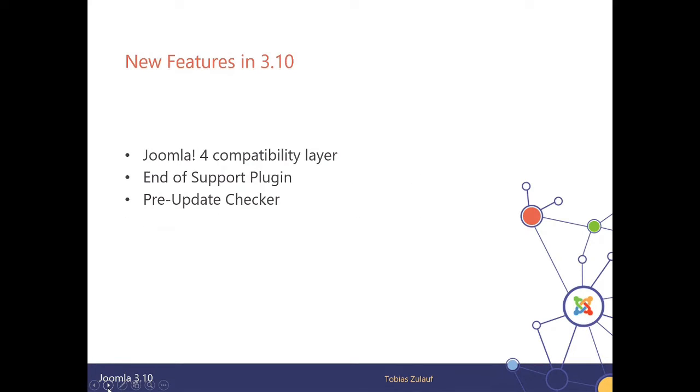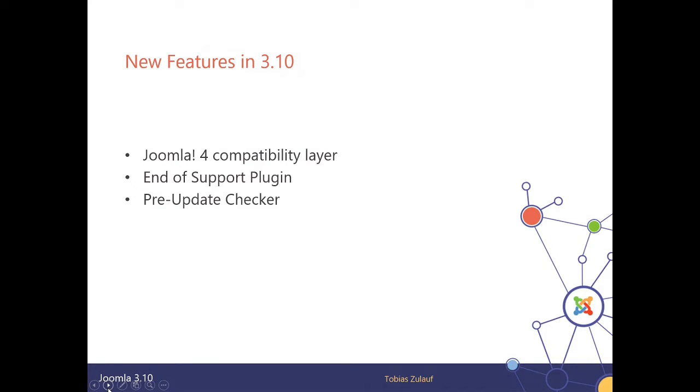Next slide. What kind of new features do we have in 3.10? The first thing, and that's already there, is a compatibility layer, large parts of which were also shipped with 3.9 already. The intention is that when you're an extension developer, you can use more or less the same code base to support Joomla 4 and Joomla 3, so you don't have to rewrite everything and start all over again.